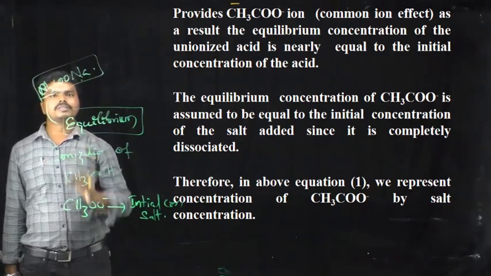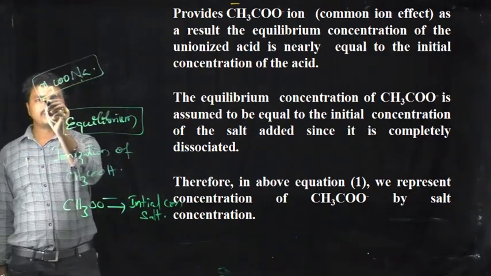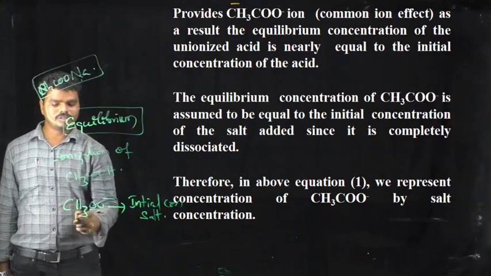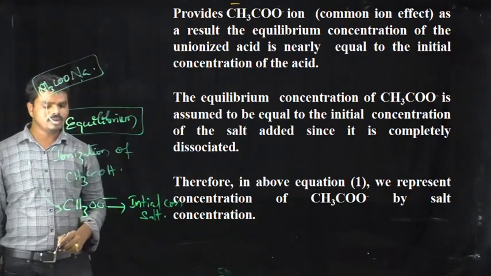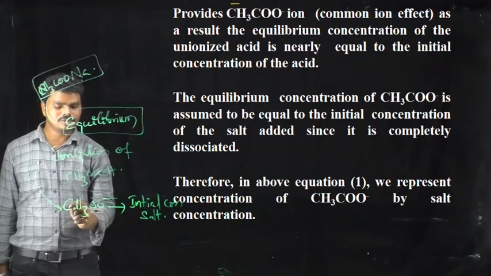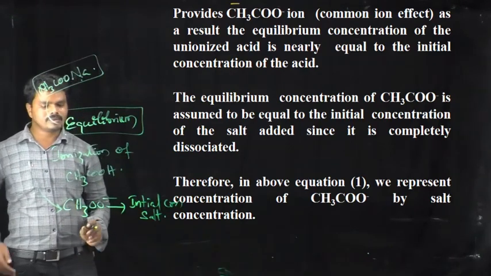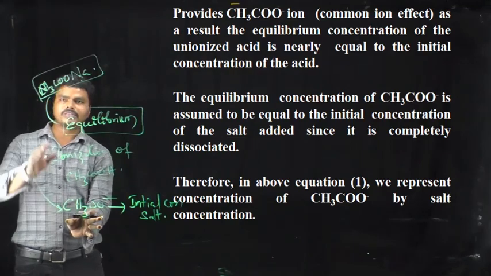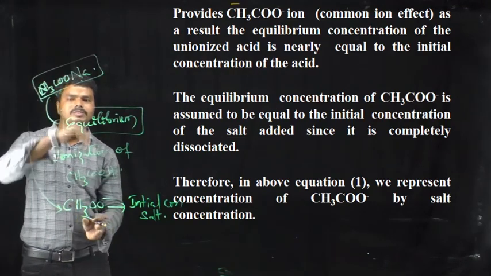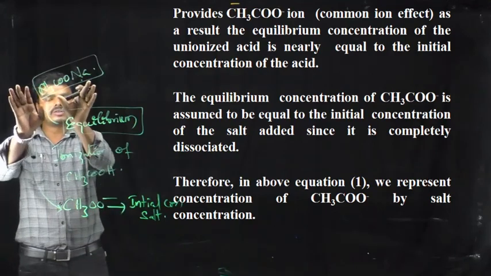Sodium acetate is the salt, and when you add it to the solution, it is subjected to complete dissociation into acetate and sodium ions. That means the concentration of acetate will represent the concentration of sodium acetate, because it undergoes complete ionization.